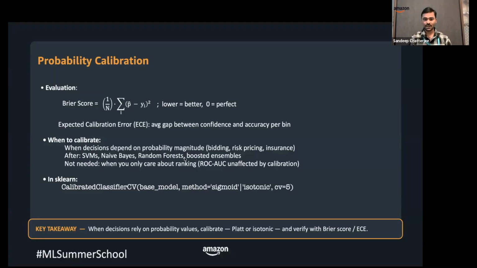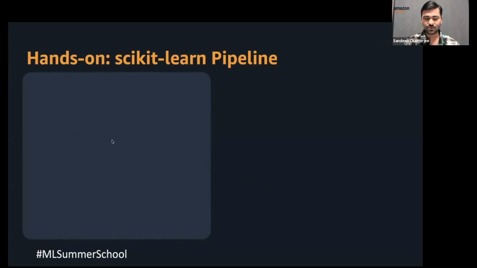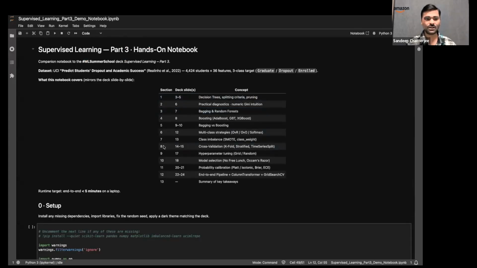Moving on to the last topic of this module, which is hands-on scikit-learn. Let us switch to the Jupyter notebook with the hands-on code. Welcome to the hands-on portion of supervised learning part 3. In this demo, we are going to take a look at a real-world dataset, and we will apply all the learnings that we got from the slides.